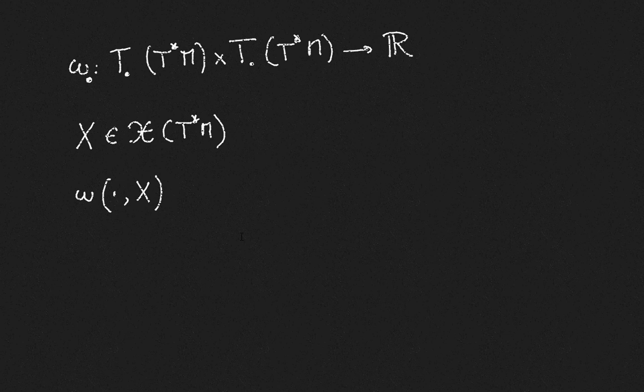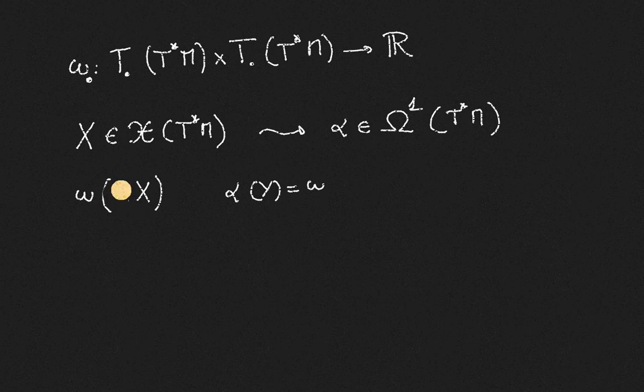So you obtain alpha in the differential forms on the cotangent space as alpha of y equals omega. Well, here it depends, I mean, let's stick to the first coordinate, because we didn't say it's symmetric. I don't know if it will be. So this is the usual definition.